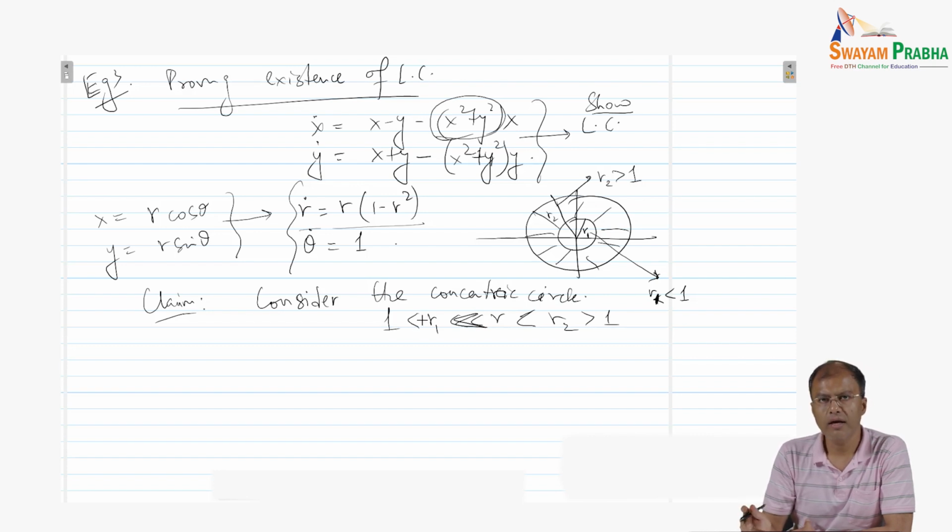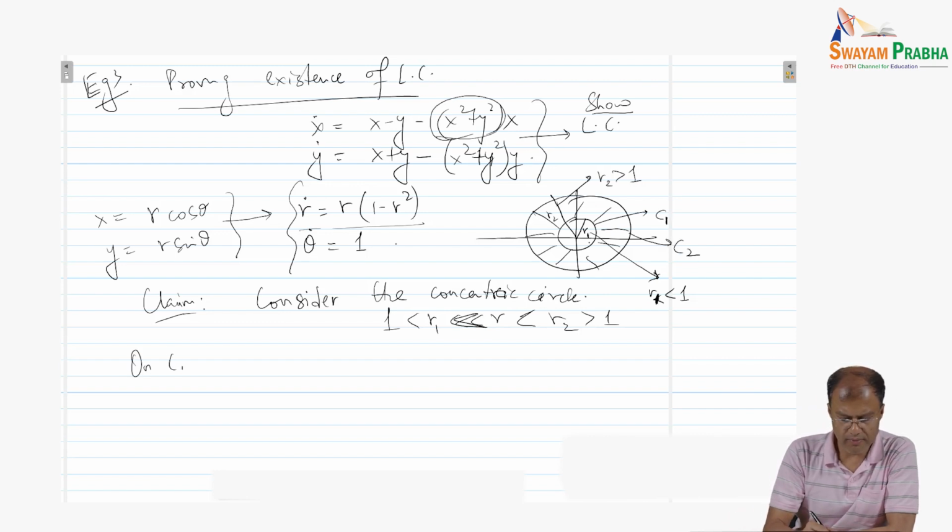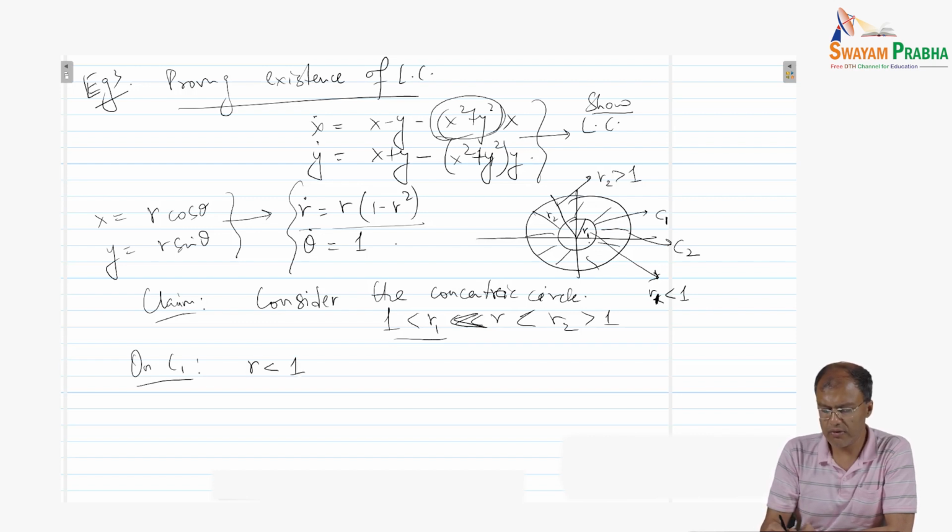Now notice, let me call the inside boundary C1 and the outside boundary C2. On C1 we see that r is less than 1, because on C1 r is r1, and we expect from this equation that r dot is less than 0.